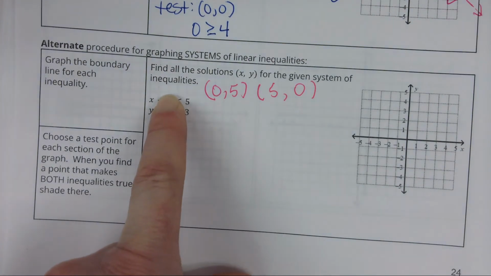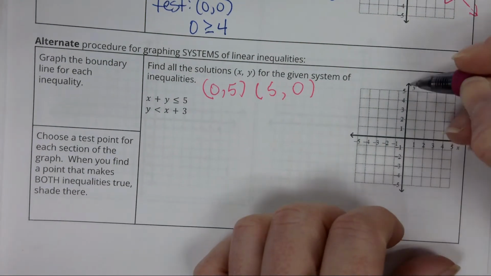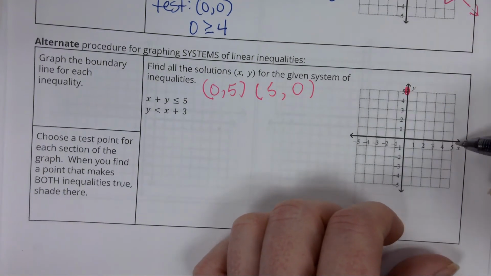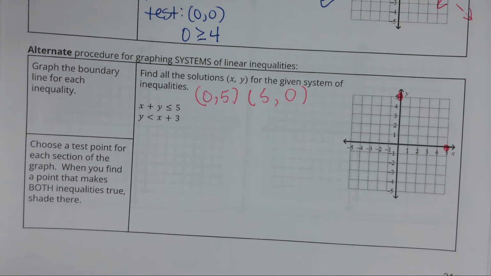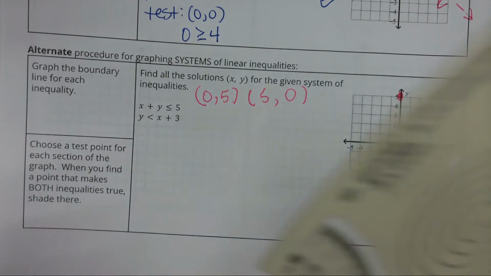It's 2 separate points. Would you plot 0, 5, and 5, 0? Okay, Landon, you ready? Is it solid or dashed? Solid. Nice.